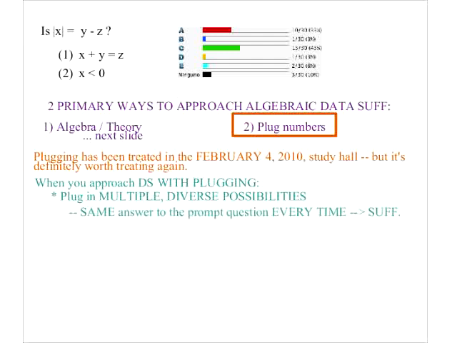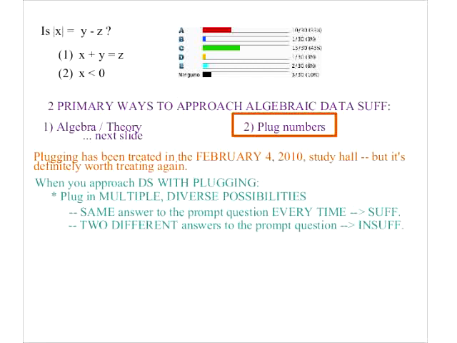And if you ever get two different answers to the prompt question, then you can immediately say insufficient and you can immediately stop. So, all right, let's try this for statement 1.